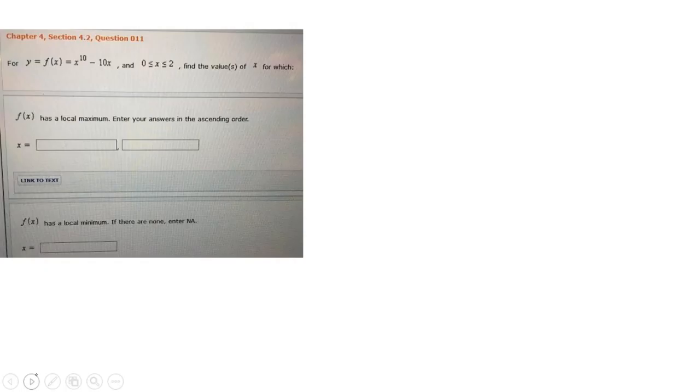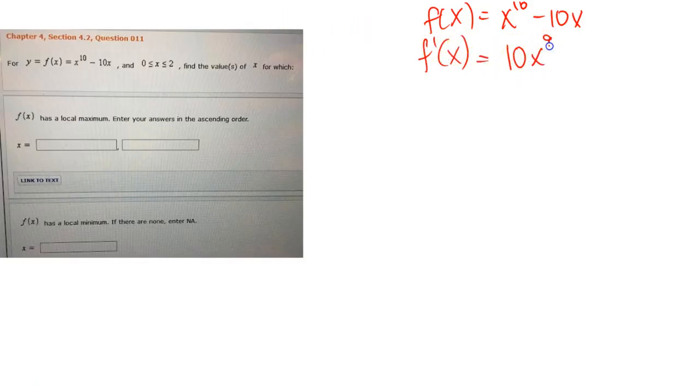All right, so question 11 actually has 2 pages. Well, let's see what we got. If f of x equals x to the 10 minus 10x, let's take that first derivative. 10x to the 9 minus 10. So we're going to set it equal to 0. We'll add 10 to each side. 10x to the 9th equals 10.